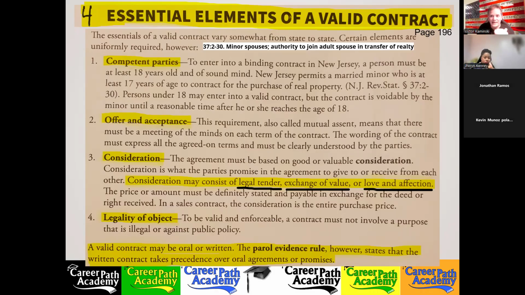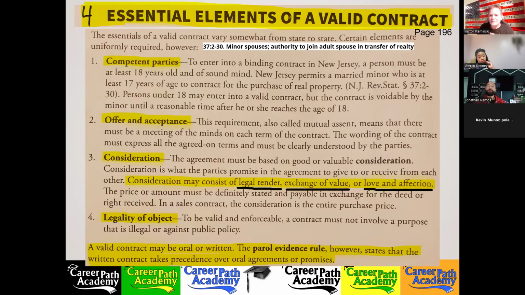However, you cannot be a minor and get married in New Jersey anymore, because they passed a law. However, our politicians are lazy and they don't like to go in there and clean up the other laws that relate to it. So it is still on the books, and that's why it's in our book. So that's why I now have to clarify these things to you.